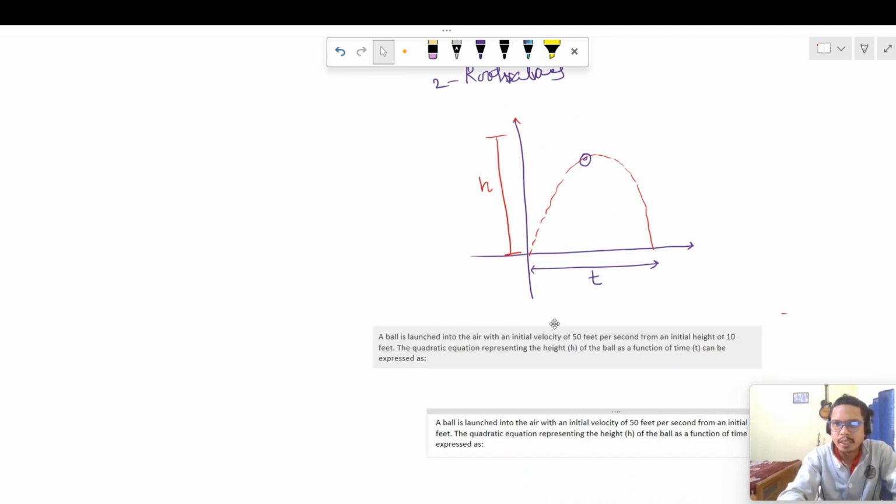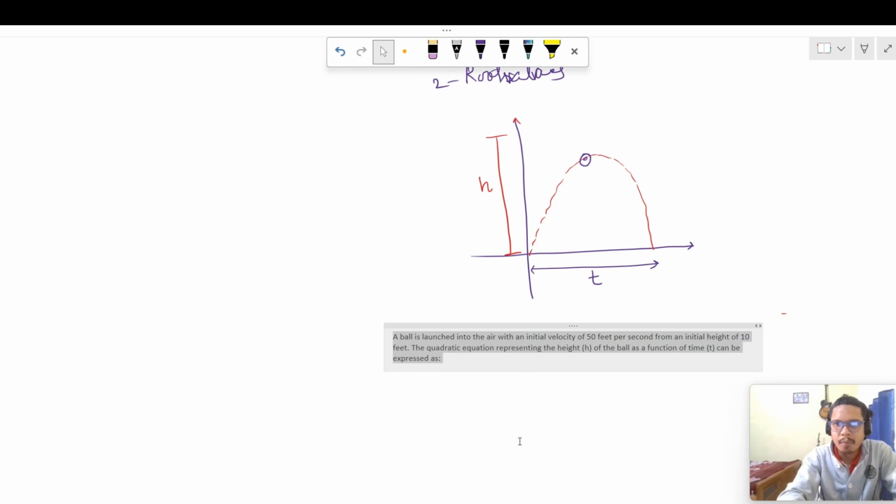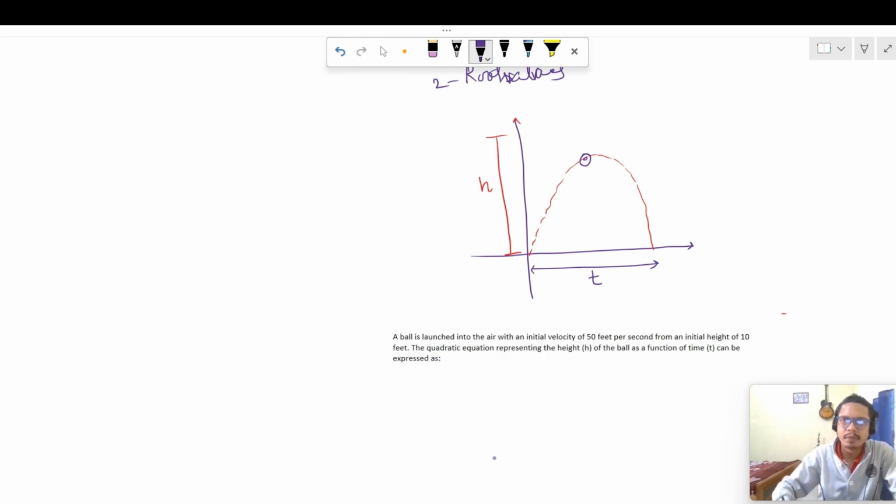The question is something like this. A ball is launched into the air with an initial velocity of 50 feet per second from an initial height of 10 feet. There is an equation that we already know in physics, ut plus half at square. This is more of an 11th grade concept, so it might be difficult for grade 9 or 10 students to understand.